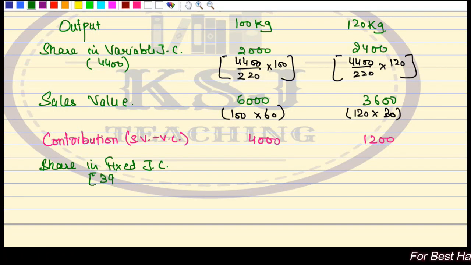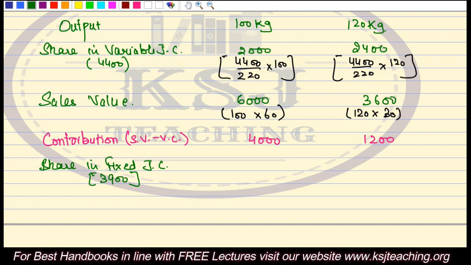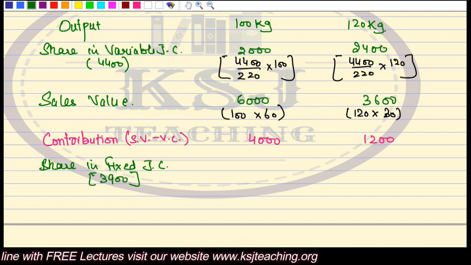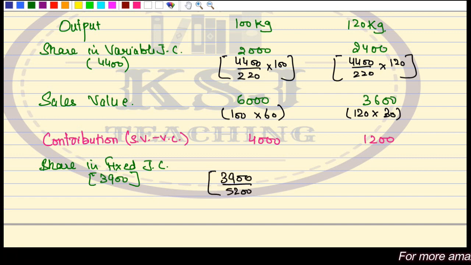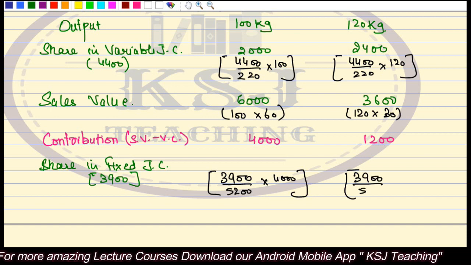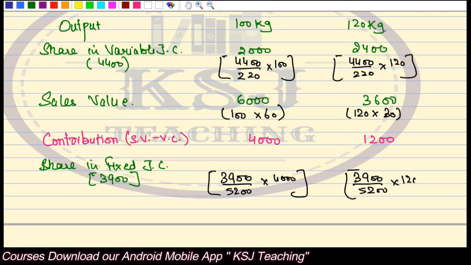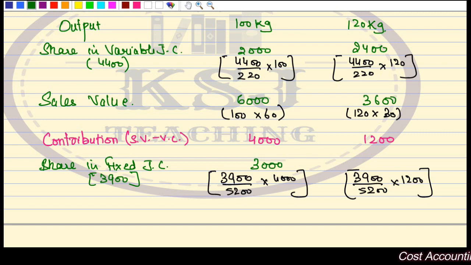Now this 3900 is to be distributed in the ratio of 4000 is to 1200, right? So for A, this value will be 3900 divided by 5200 multiplied by 4000, and for B, this value will be 3900 divided by 5200 multiplied by 1200. Clear? The values will be 3000 and 900.